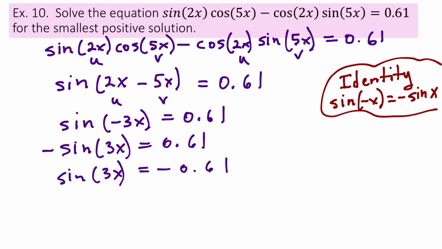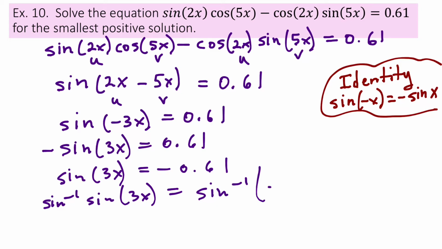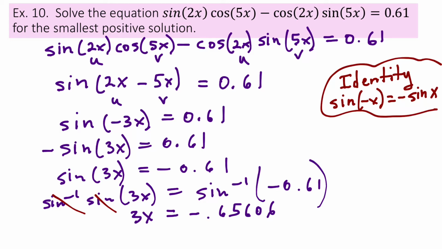All right, so now I'm going to take the inverse sine of both sides, so I can get to the 3x. This is not one of my unit circle angles, so I'm going to have to use the calculator here. So if I plug that into the calculator, what I get is 3x is equal to negative 0.65606 radians.